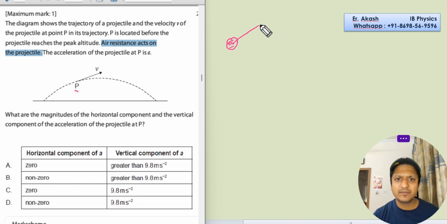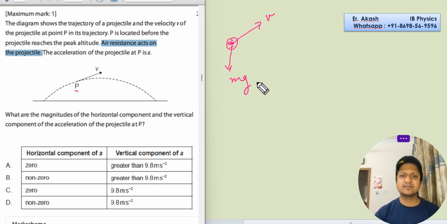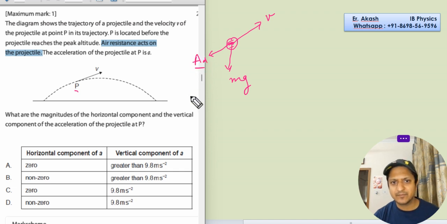This body has a velocity v, and if we make the free body diagram, the mg will act vertically downwards and there would be an air drag, we can say AD, that will provide a little resistance in its flight.